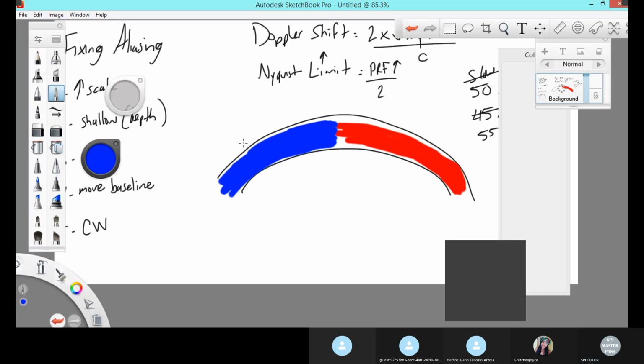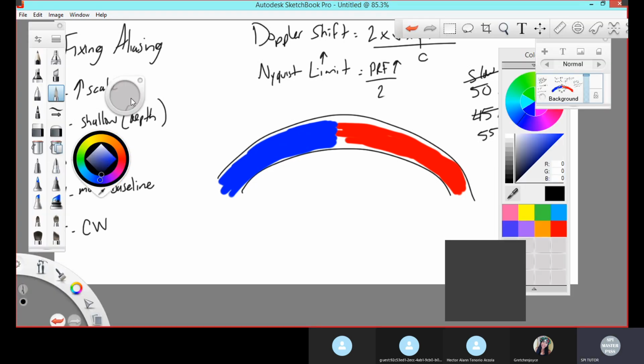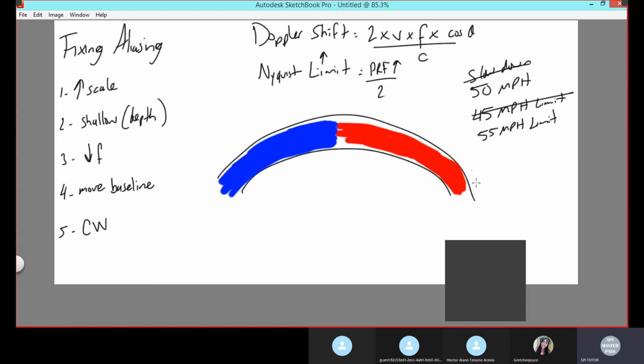Okay. We got some bright colors in here. And this is site B and site A. And I'm going to put a pulse wave on each site.